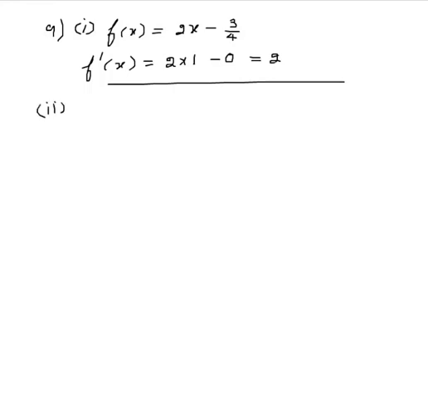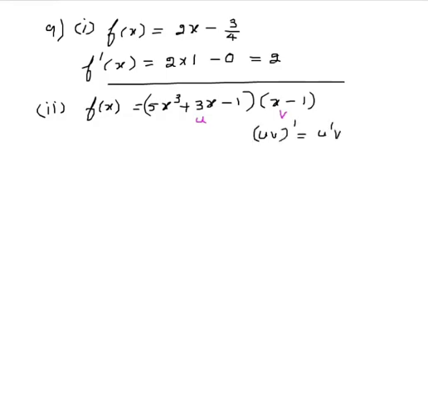Second subdivision. The given function is (5x cube plus 3x minus 1) times (x minus 1). We can open the brackets and differentiate each term, or we can use the product rule, u and v. uv the whole dashed is u dash v plus uv dash.